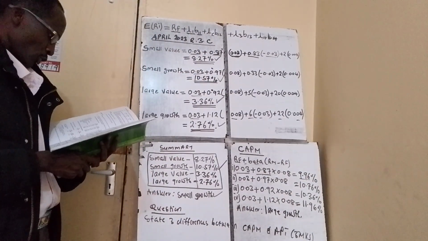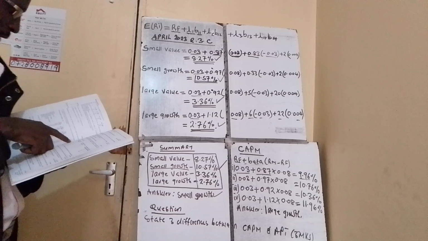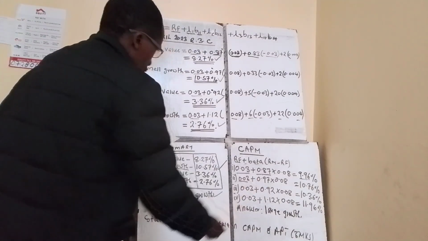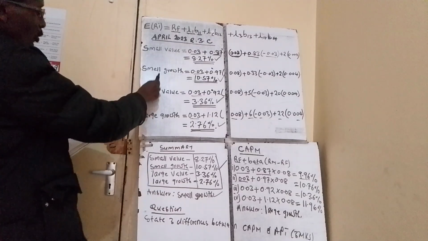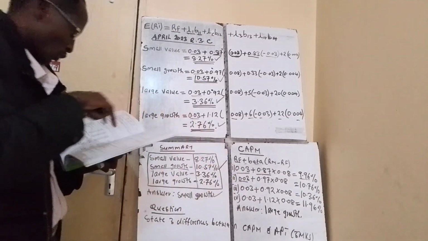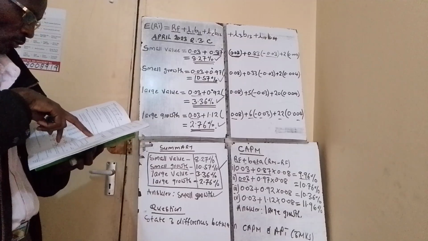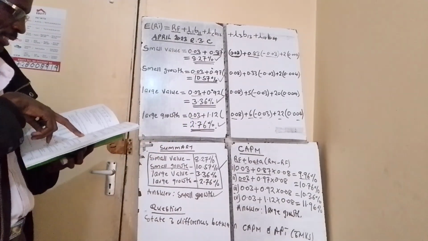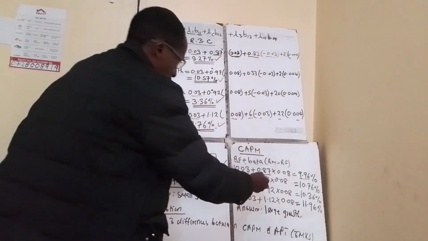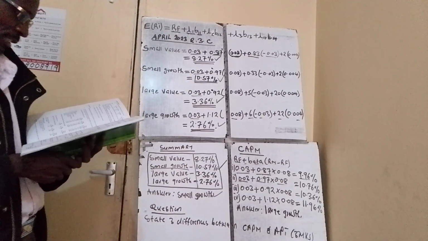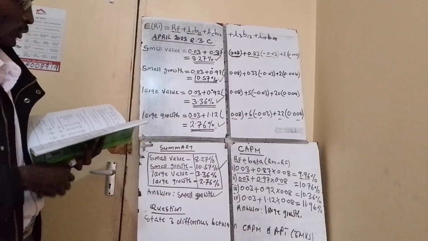Then I go to small growth. Risk-free rate 0.03. For small growth, the risk-free rate does not change, plus 0.97, the sensitivity to factor 1, which is market beta. Then I multiply by the risk premium, which is 0.08.